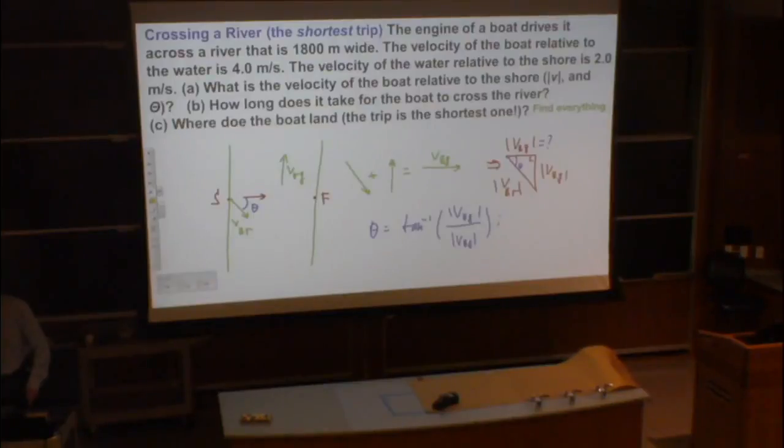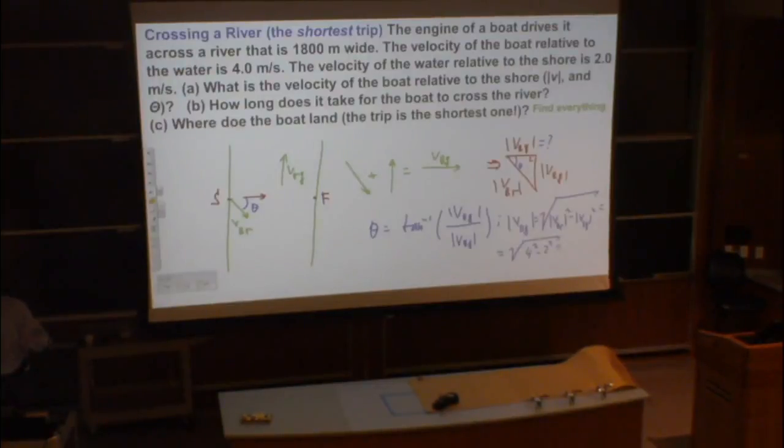So we can do it different. Well, we can use the Pythagorean theorem and calculate this. For example, if we use the Pythagorean theorem, the magnitude of this short side should be equal to hypotenuse squared minus another short side squared, and that immediately gives us 4 squared minus 2 squared.